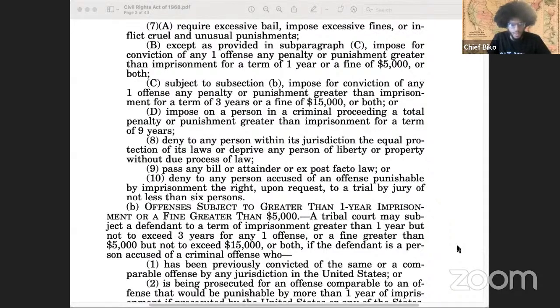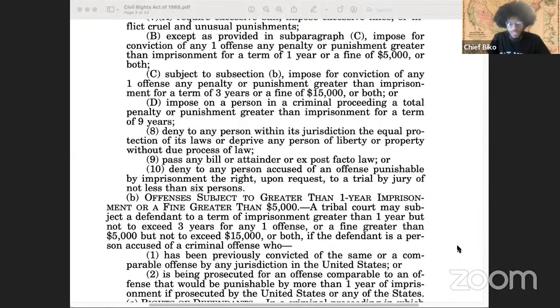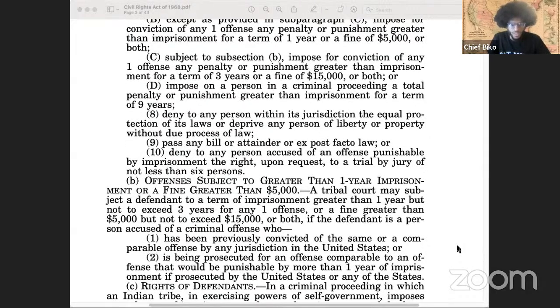If the defendant is a person accused of a criminal offense who has been previously convicted of the same or a comparable offense by any jurisdiction in the United States, or is being prosecuted for an offense comparable to an offense that would be punishable by more than 1 year of imprisonment if prosecuted by the United States or any of the states.